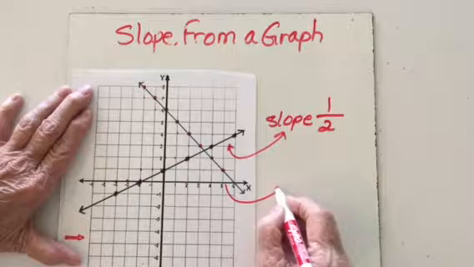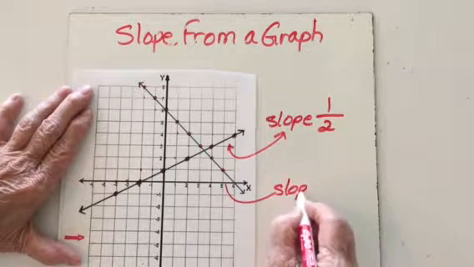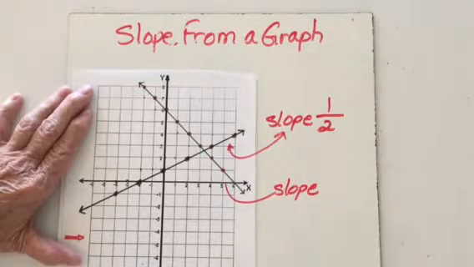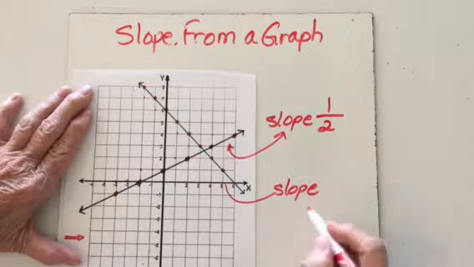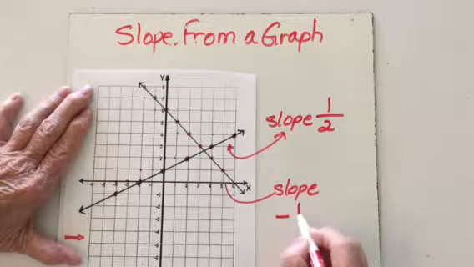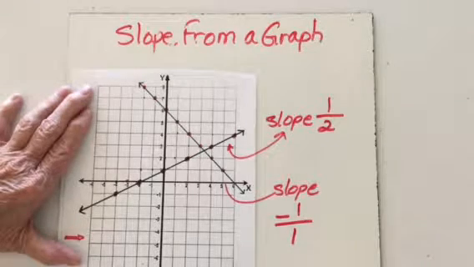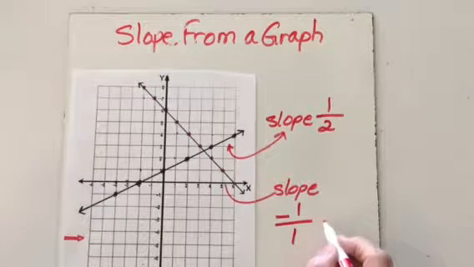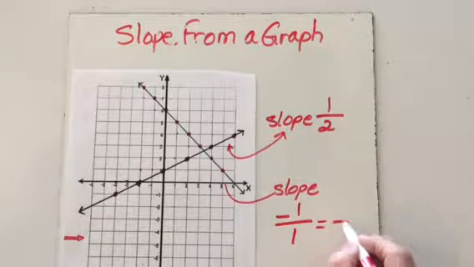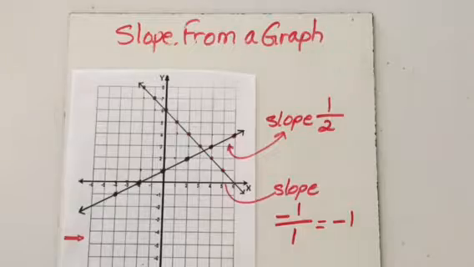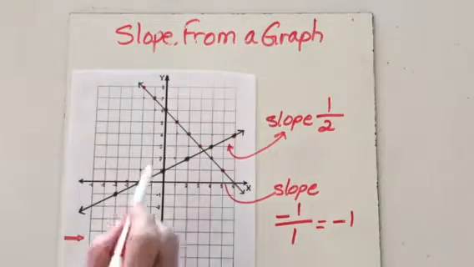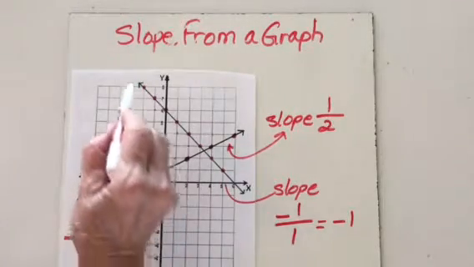The slope for this line is, I go down 1, that means -1, and then I go over 1. The slope is -1 over 1. To simplify that, all I say is -1. The slope is -1.